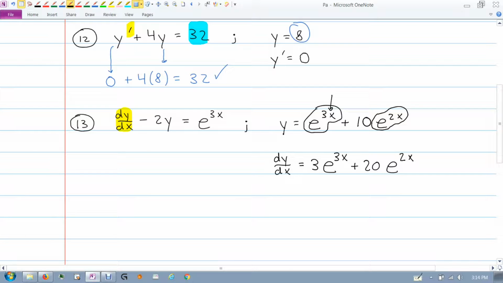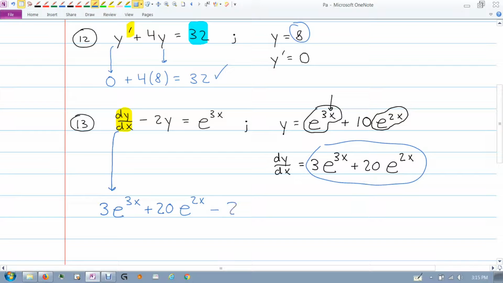So now we rewrite everything. We start off by writing dy/dx, which we just found: 3e^(3x) + 20e^(2x) - 2 times, now we need y.